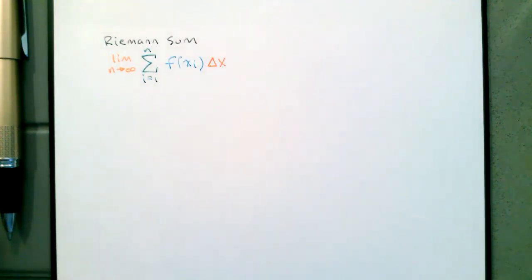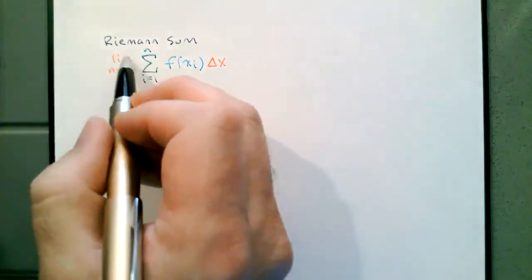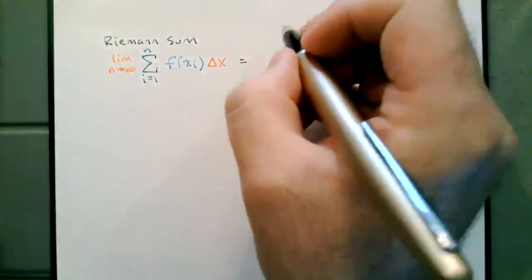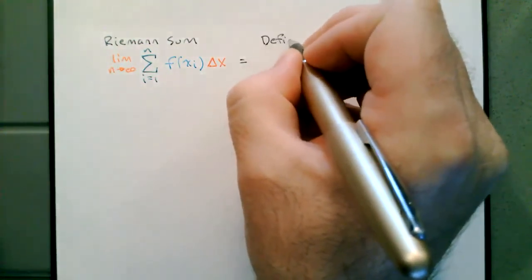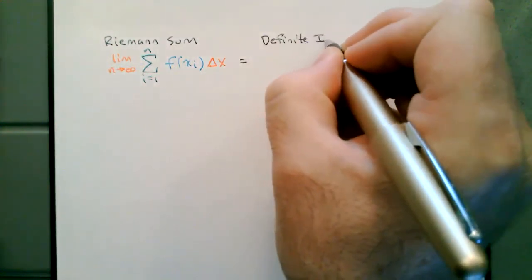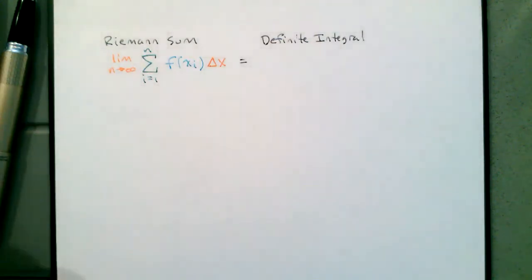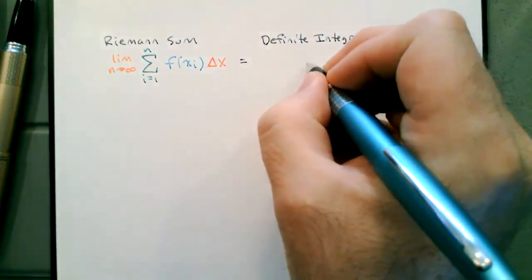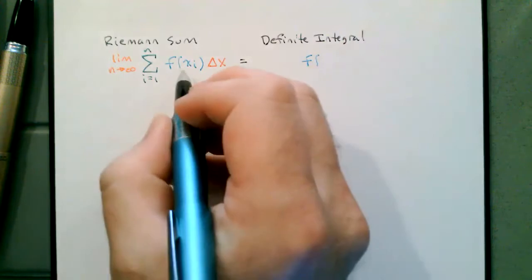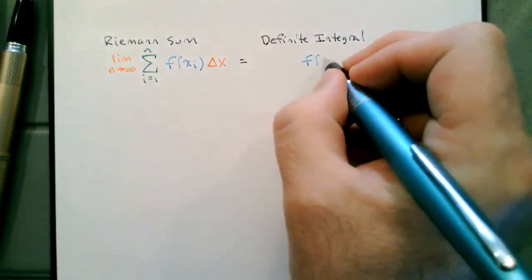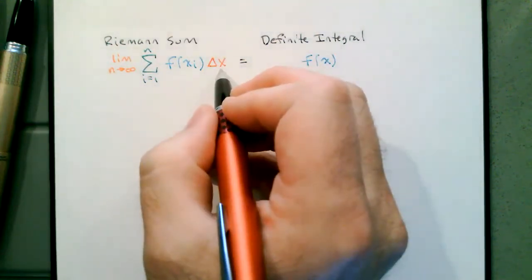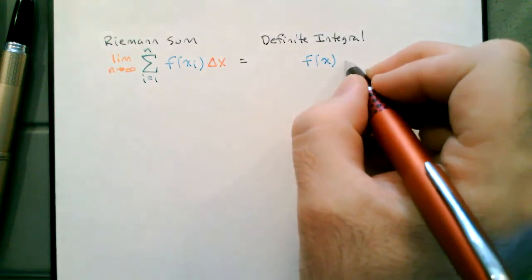The cool part is that when we go from this discrete sum, when we drop in this limit as n goes to infinity, we get the definite integral. We still have the f at xi times delta x. But the discrete f at xi becomes the continuous f of x. The delta x becomes the infinitely thin width.